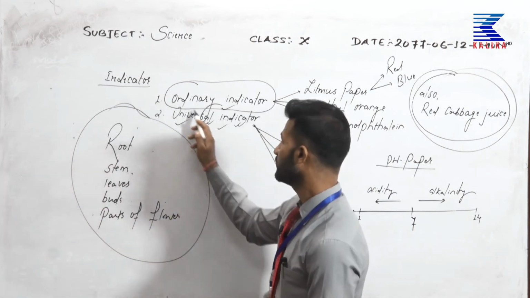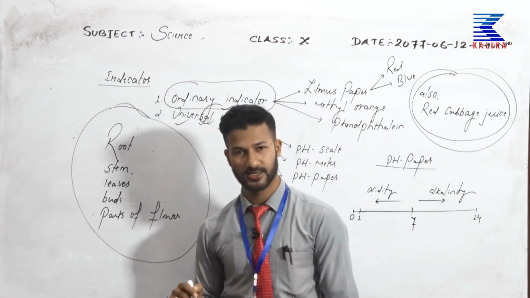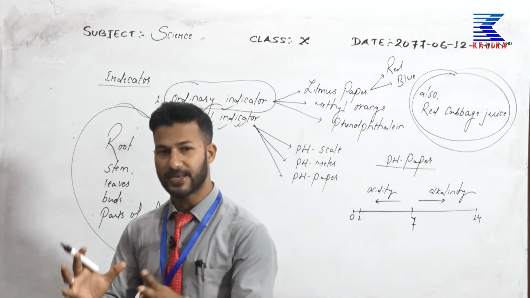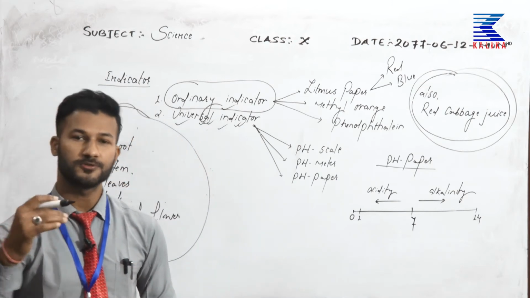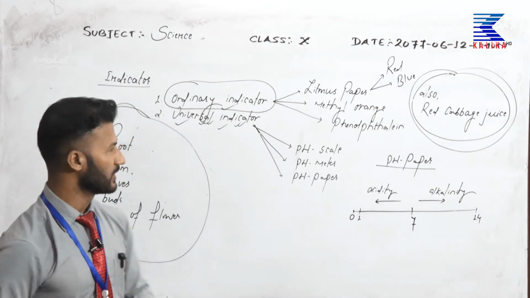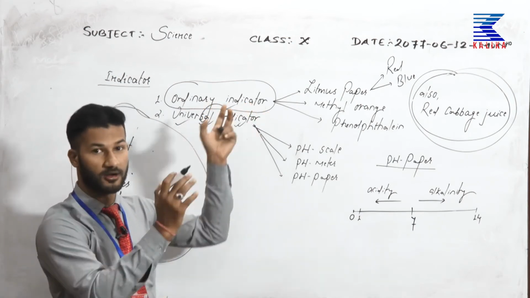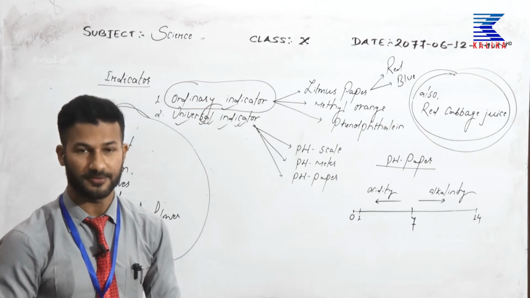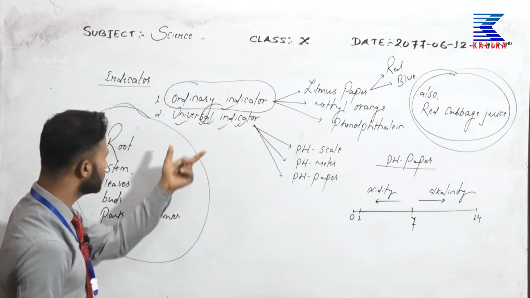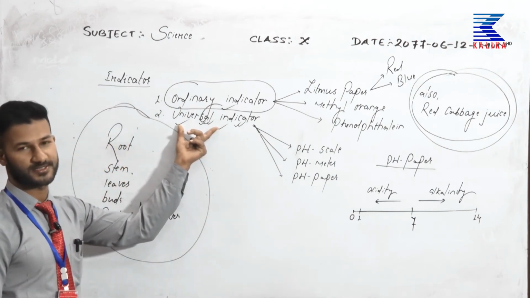Then why do we need universal indicator if it requires a complex mechanism to make it? If ordinary indicators are already there to identify the given chemicals, then why do we need universal indicator?